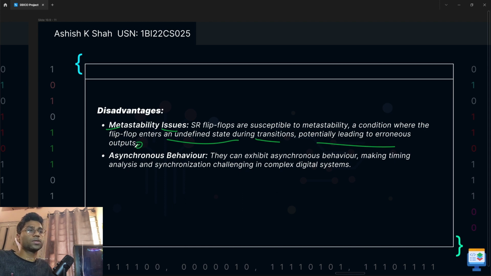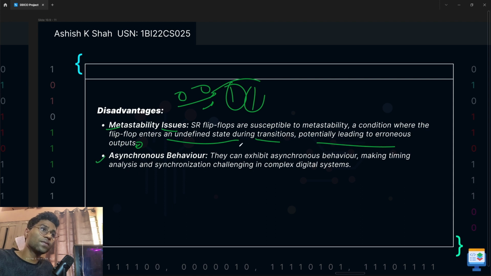We have seen that we can't use 0 0 in latches because it leads to unpredictable behavior. In the case of SR flip flop, we can't use 1 1 because it leads to unpredictable behavior. Asynchronous behavior: they can exhibit asynchronous behavior, making timing analysis and synchronization challenging in complex digital systems.